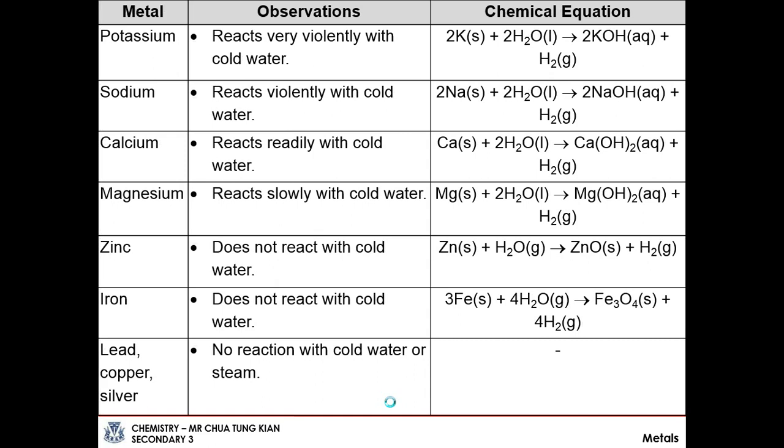So let's move on to the first part, the reaction of the metals with water. Maybe before we go into the long and boring equations which you will need to know, let's watch a quick video on some of the reactions of these metals with water. We can't show all the metals here though. Only the group 1 metals are shown.